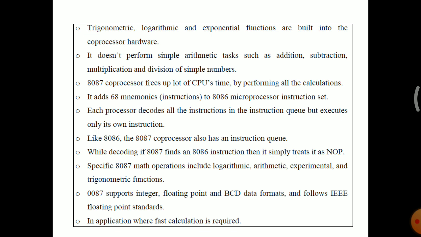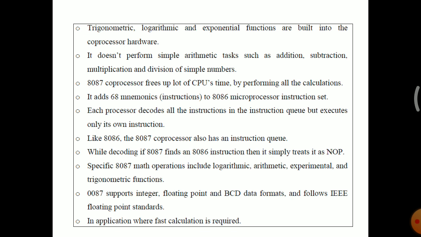Out of those instructions, the microprocessor will execute only the instructions which are from its own instruction set, while the instructions belonging to those 68 instructions of the 8087 math coprocessor will be diverted to be executed by the 8087 math coprocessor.